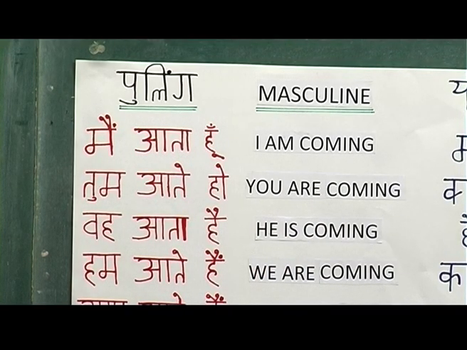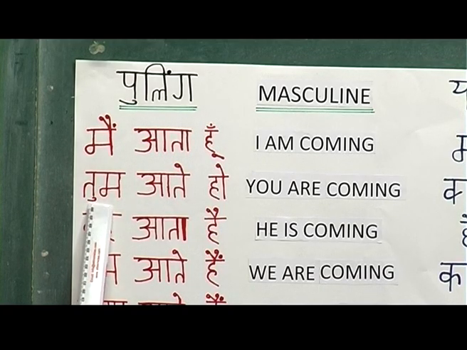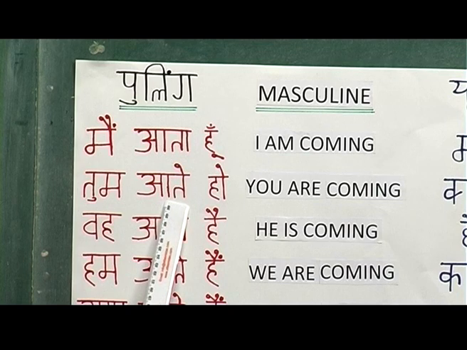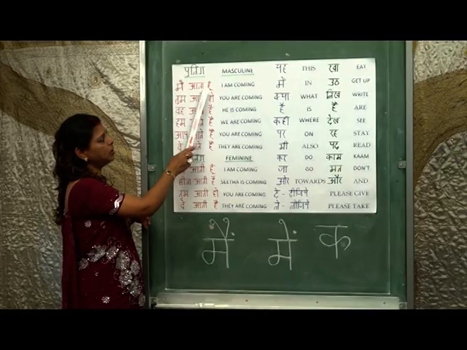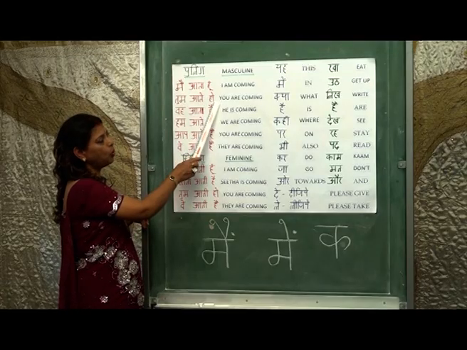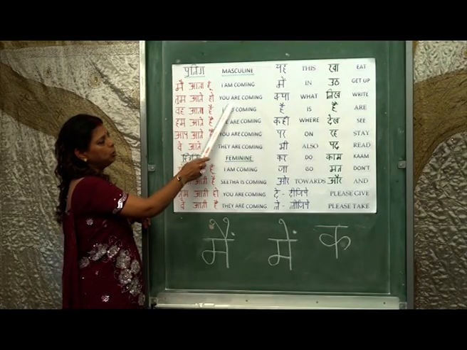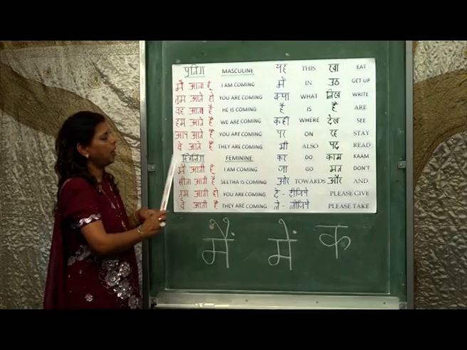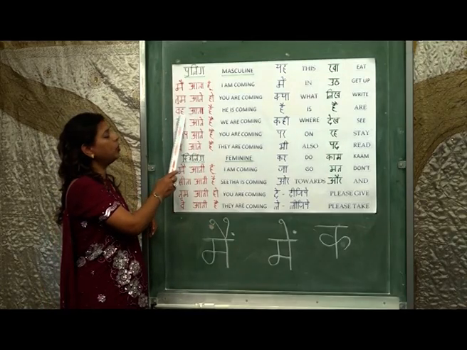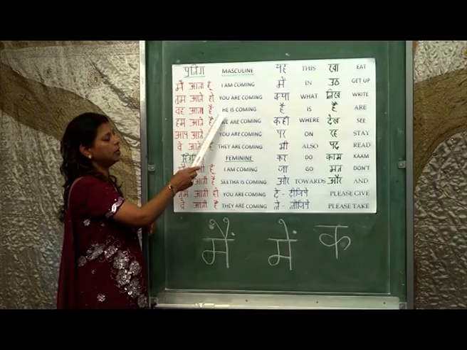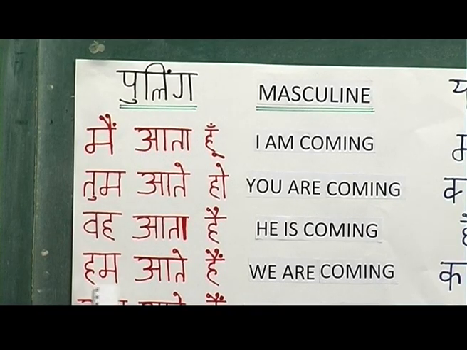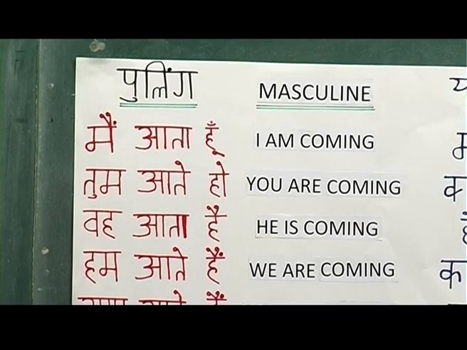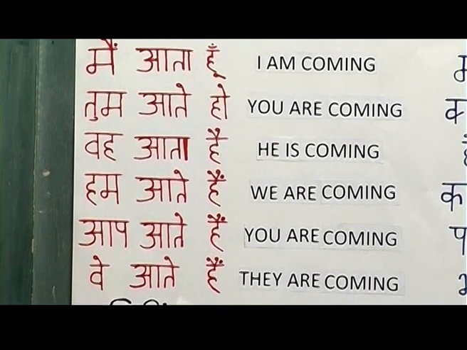The next one uses the pronoun तुम. तुम आते हो. Alright, the आता changes to आते हो. You are coming. Then we have वह आता है. He is coming. हम, as in plural now, we are referring to we.